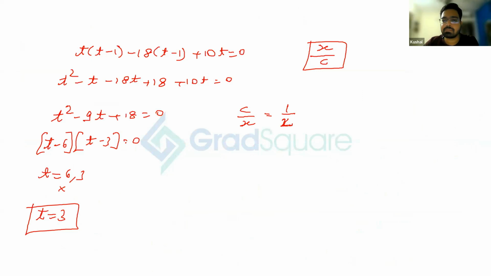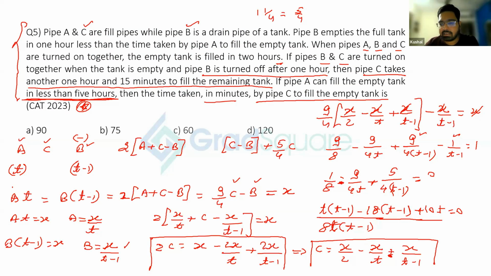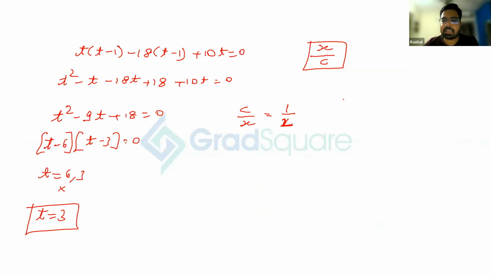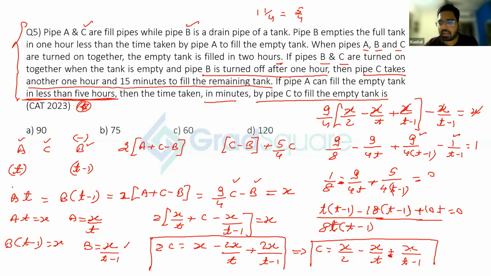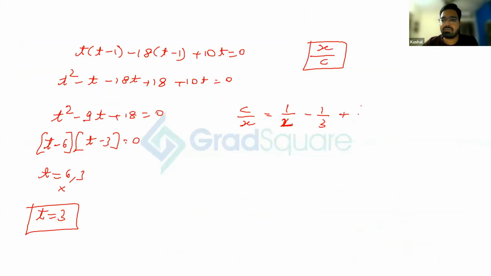Sorry, 1 by 2. And then you have minus of X, 1 by T. So minus of 1 by 3 that you have, and then you have 1 by t minus of 1 plus of 1 by t minus of 1, which is going to be 2. So this is going to be 1 minus 1 by 3. That is going to be equal to 2 by 3 as the value of C by X.